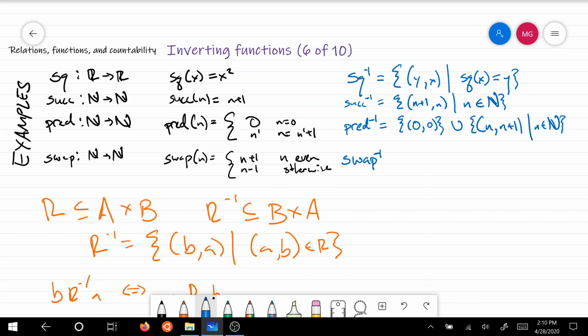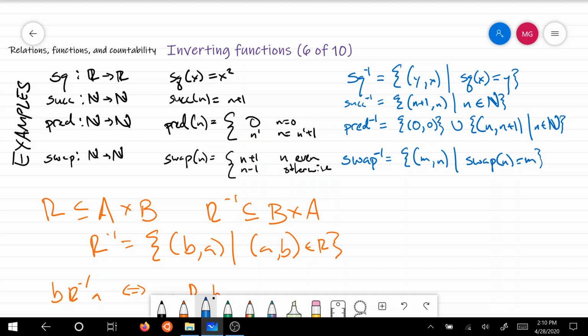Swap inverse is going to do the opposite of what everything does. So we can see swap inverse of, let's just do this, (m, n) equals m, where swap n equals m.